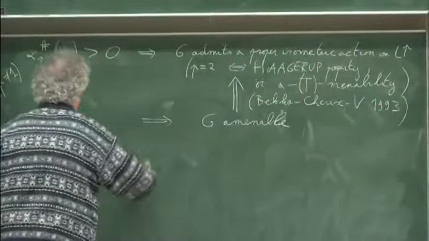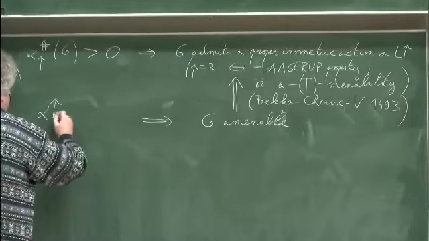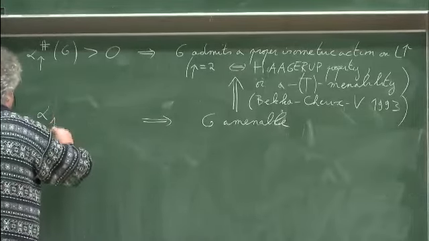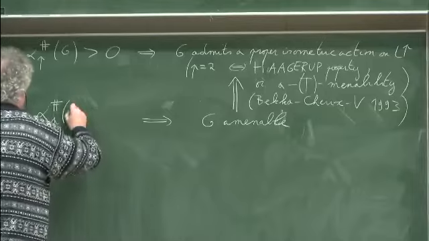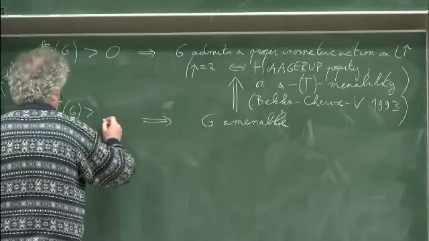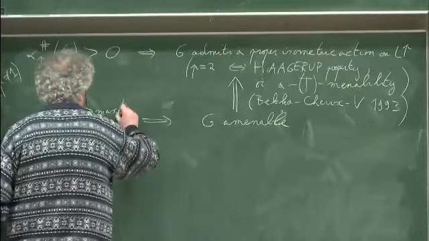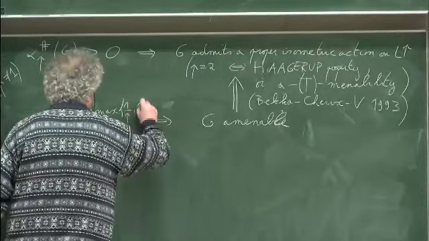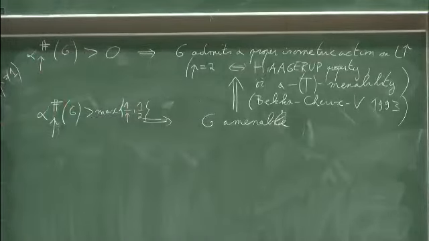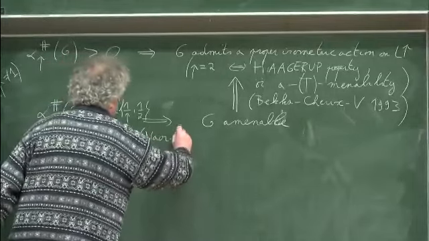And amenability itself is implied by the fact that the L^p compression is large enough. Large enough means that it's larger than the max of 1/p and 1/2. This is a fairly recent result by Naor and Peres.